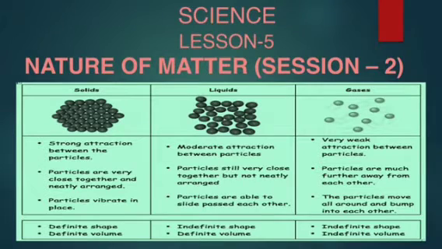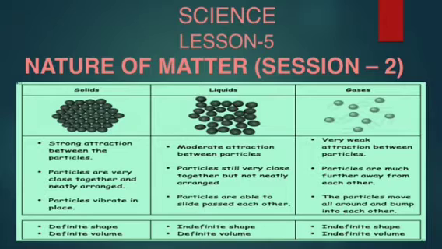Then the properties of liquids. In liquids, the particles are not very closely packed as in solids. So unlike solids, they have no fixed shape and they can flow. Since the particles are not closely packed, the attraction between the particles is moderate and the particles can also move or slide past each other.